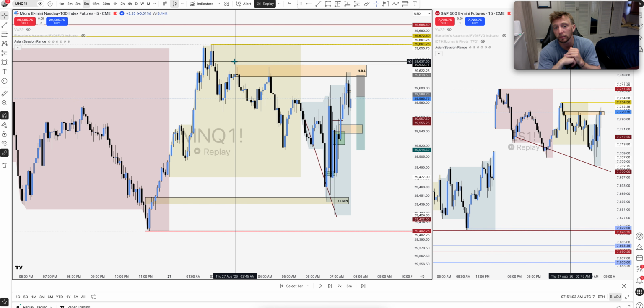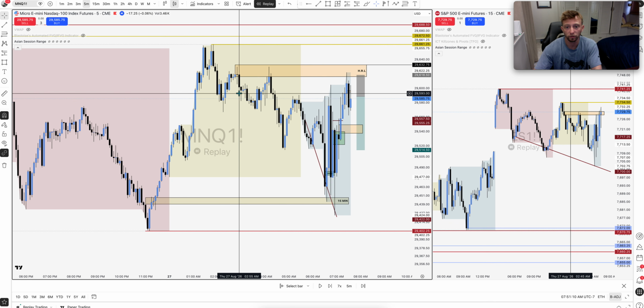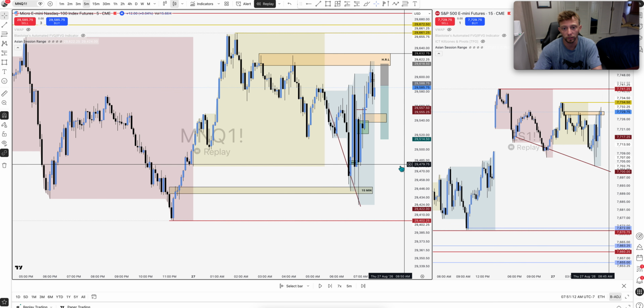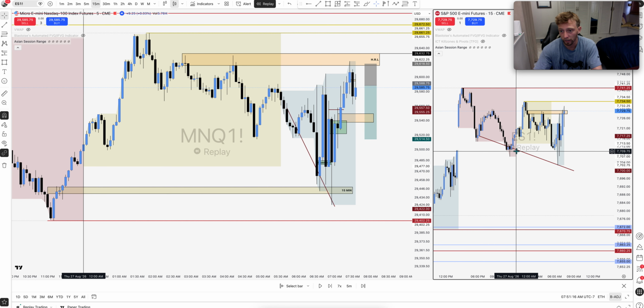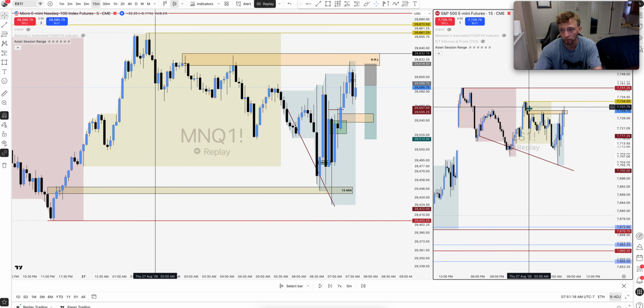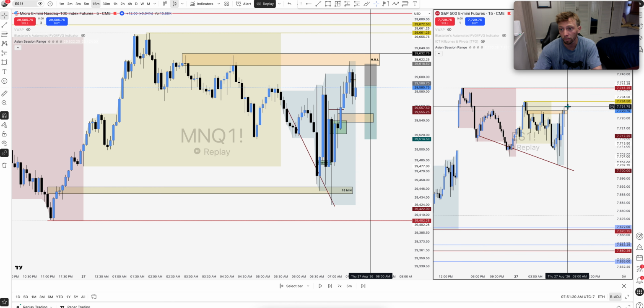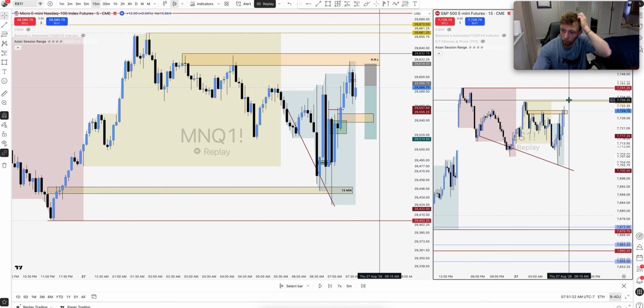That tells me that sellers are in charge at these areas, so it's going to take price lower if we're unable to sweep out liquidity. Again, over here on ES, we are just downtrend, we come up, we reject, trickle down, come up. So if we sweep out London, we're probably going to go lower.